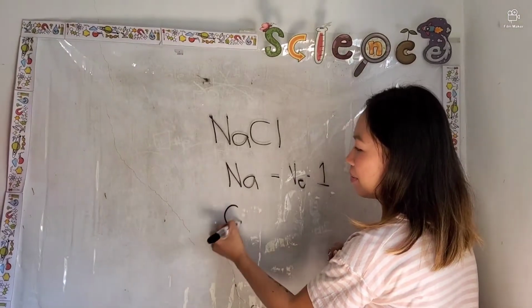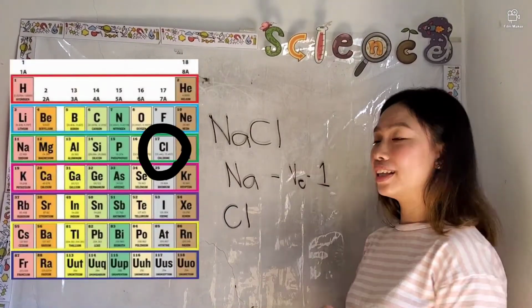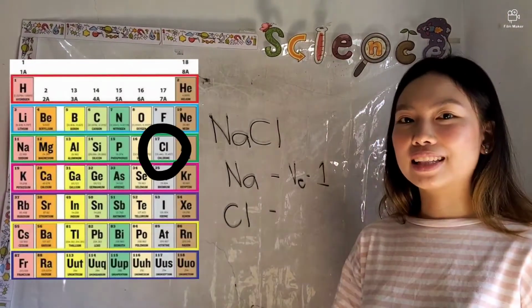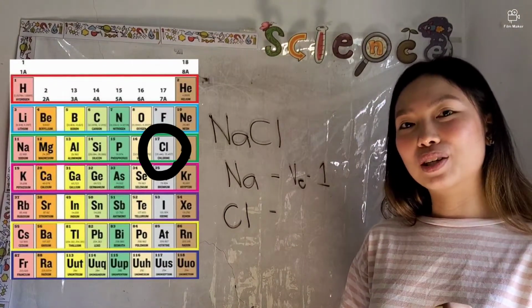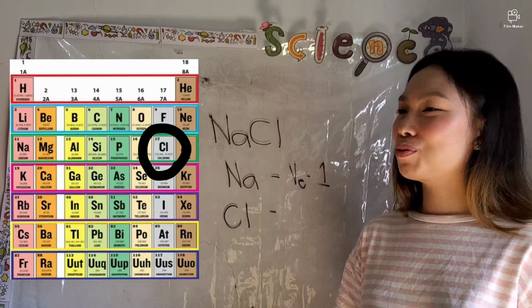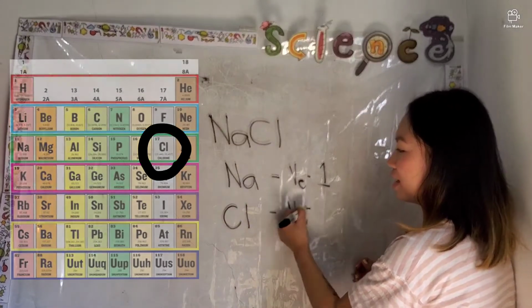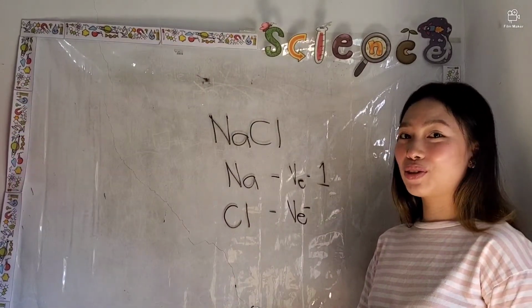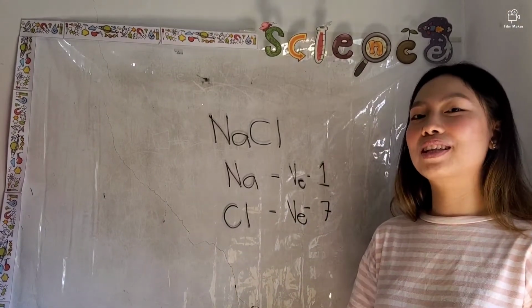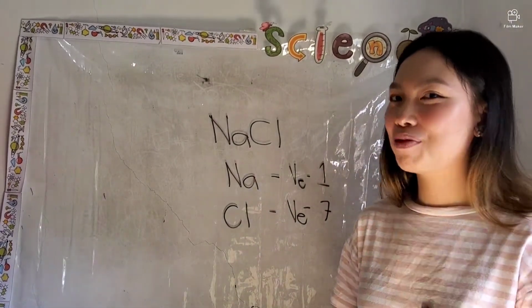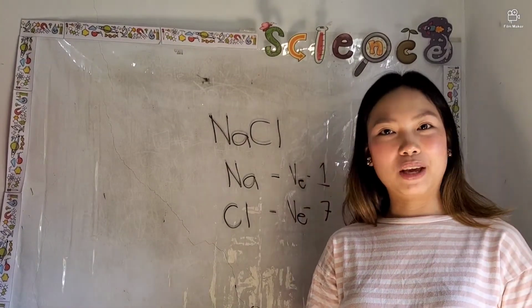Then, si Cl naman, si chlorine, ay matatagpuan natin sa group 7A. So, kung nasa group 7A si chlorine, what would be the valence electron? So, 7 din. Ganun kadali, alamin ang valence electron kung familiar na tayo sa periodic table.